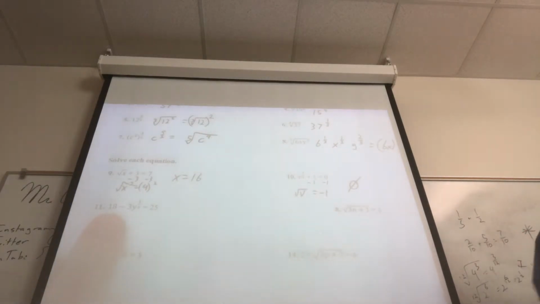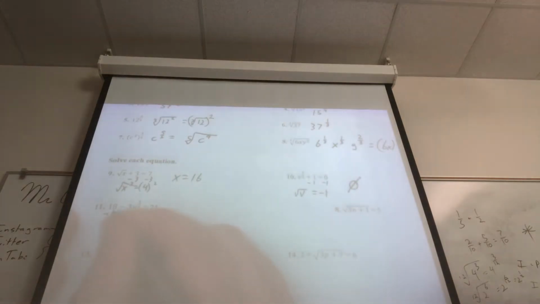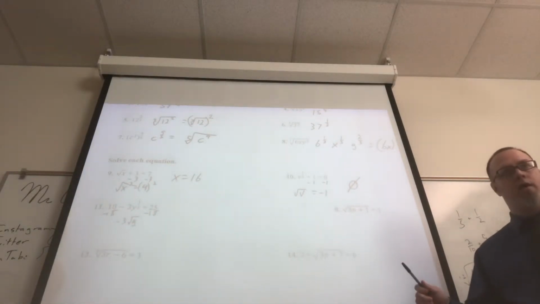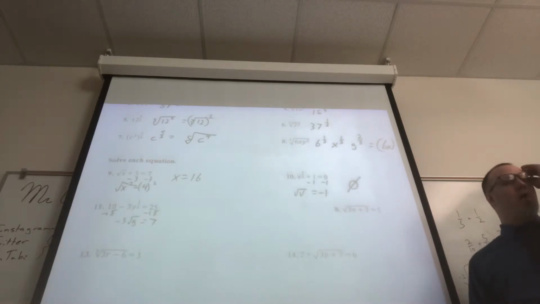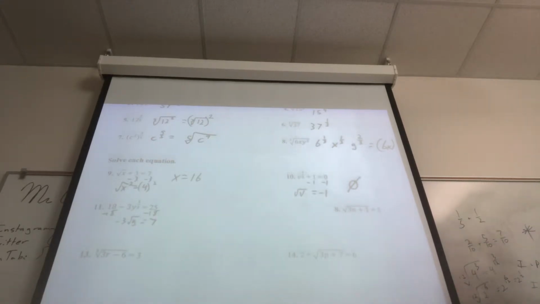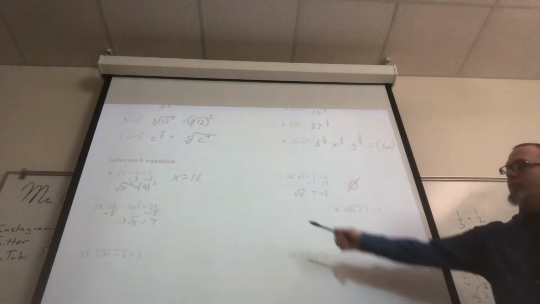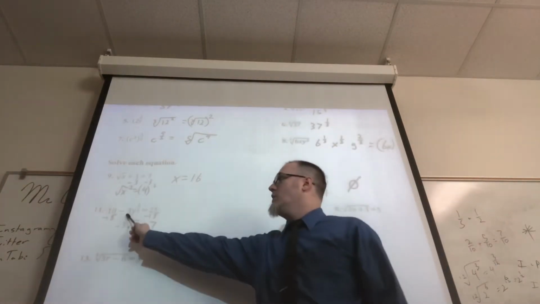On this one, similar kind of thing. We subtract 18. That's -3 square root of y, because the 1/2 power is the same thing as the square root of y, is equal to 7. Now, you do have to be extraordinarily careful on something like this. The 3 is just a coefficient.